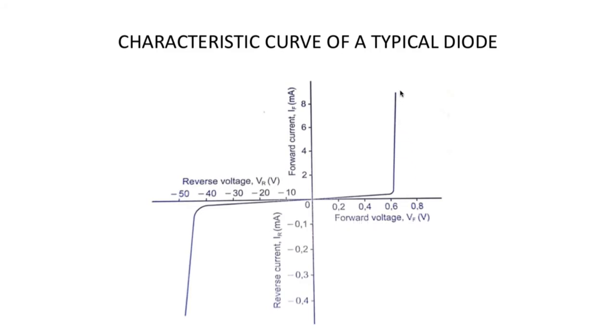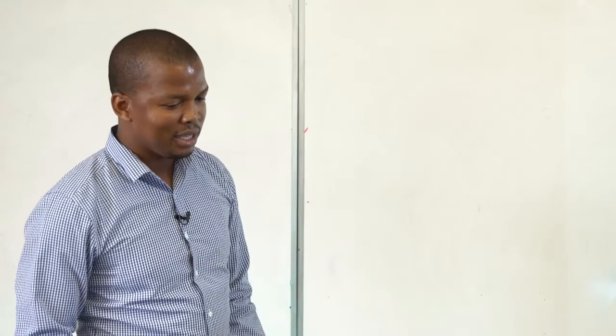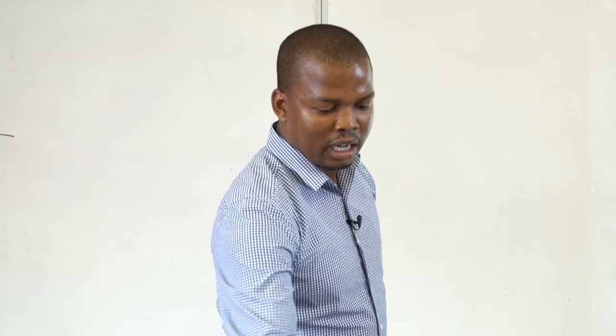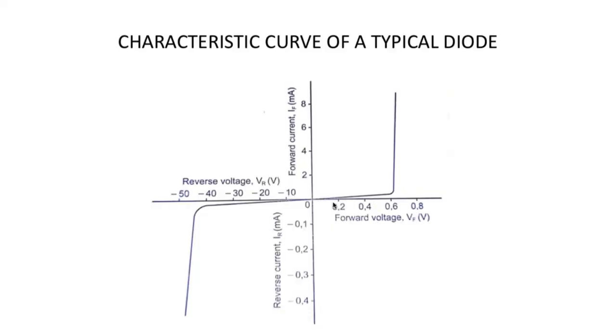At that particular moment, the applied voltage must not be exceeded, otherwise the diode will be damaged. The point at which the diode starts to conduct, that's the point at 0.6. That point we call the threshold voltage.